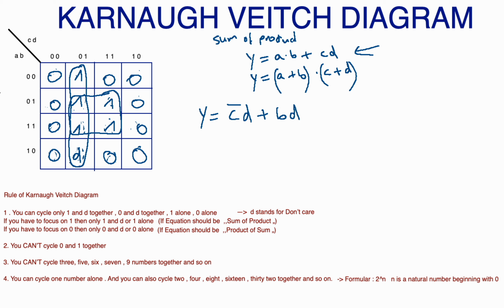What about A and C? Here you see A is 0 and 1, that should be ignored. C is 1 and 0, 0 and 1, that should also be ignored. That means that's our final equation.